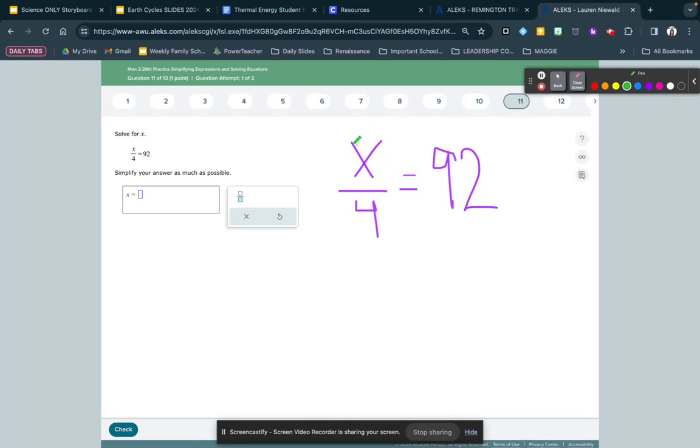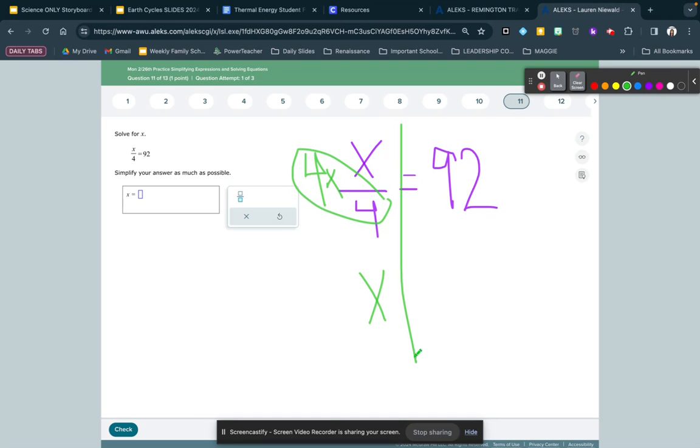So you find your variable. My variable is x. Figure out what's being done to it. Right now, I'm dividing by 4. What's the opposite of that? What's the inverse operation for dividing by 4? Well, the opposite would be to multiply by 4. Okay, that helps cancel that whole process out and leave me with just x.